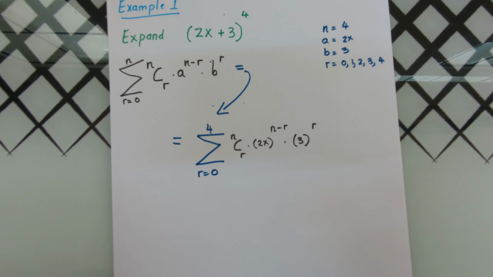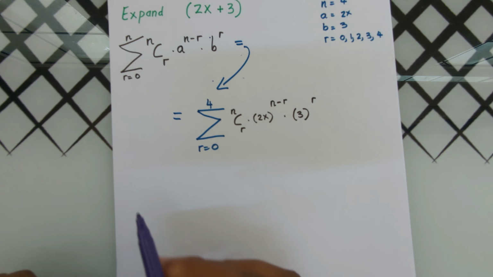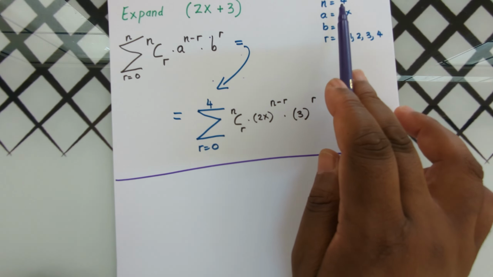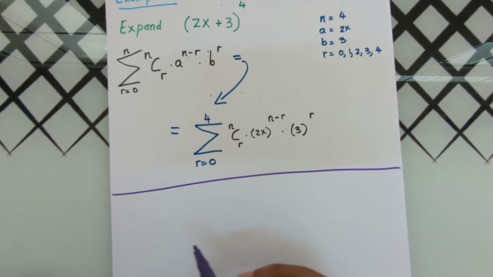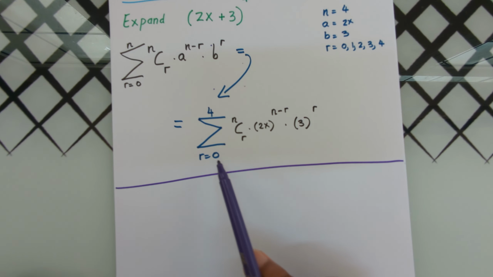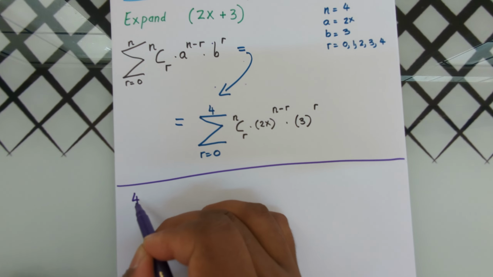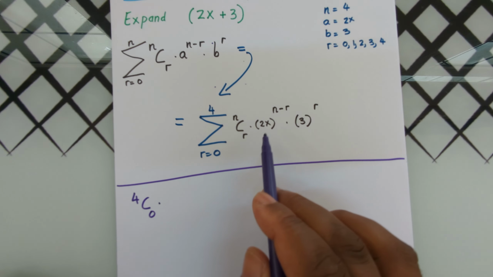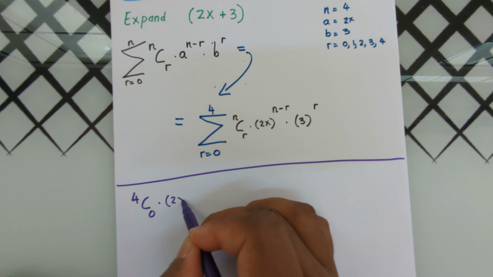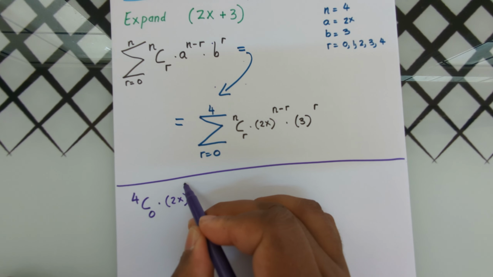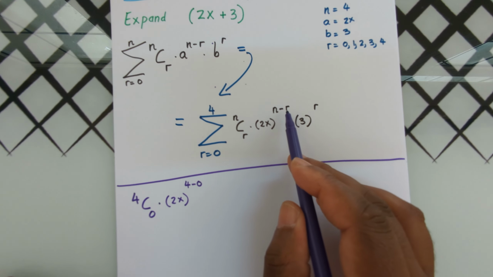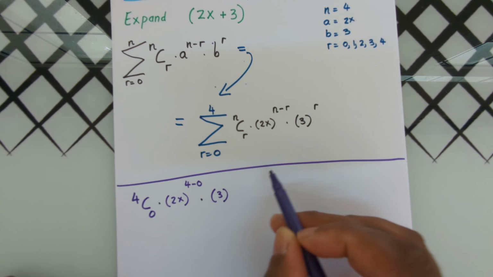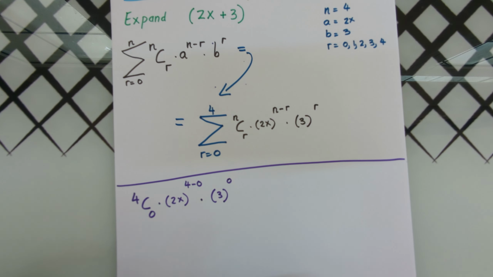So let's do that. Expanding this, our first term will be n choose r. Remember our n is 4 and our n does not change. Our n remains 4. What only changes is the value of r. So it's going to be 4 choose 0 multiplied by our a, which is 2x, let's put it in brackets, to the power of 4 minus 0, because r is starting from 0, being multiplied by 3 to the power of r, and my r in the first term is 0.